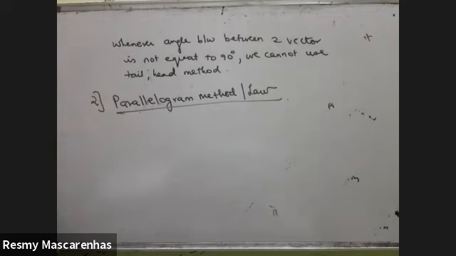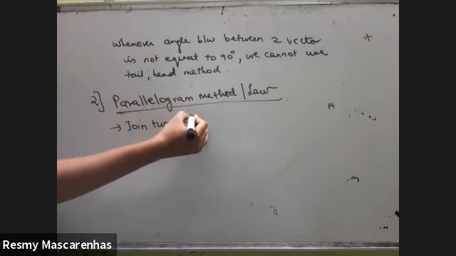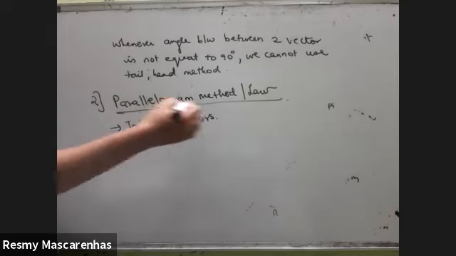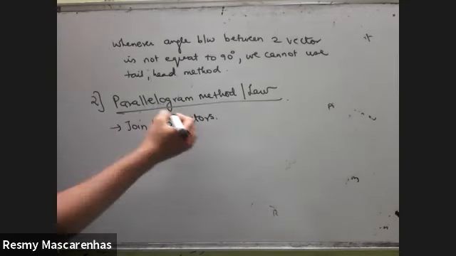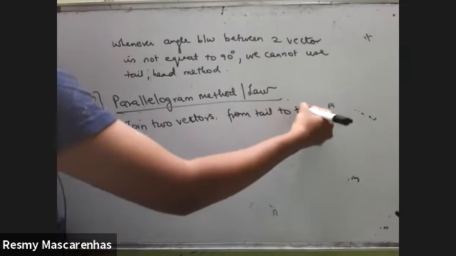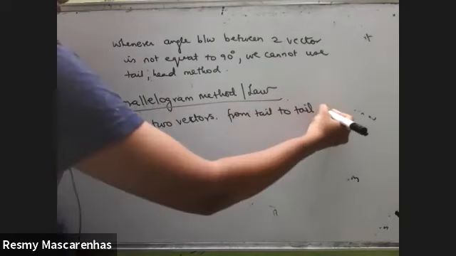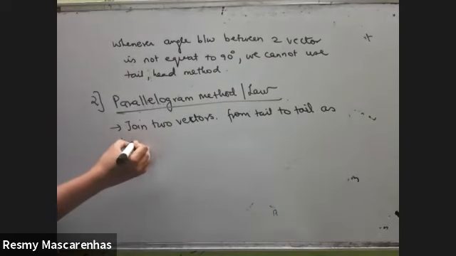There are some steps. First, you have to join the two vectors. Just write this and keep it. Once you are solving, you'll understand what it means. Join the two vectors from tail to tail as two adjacent sides of the parallelogram.